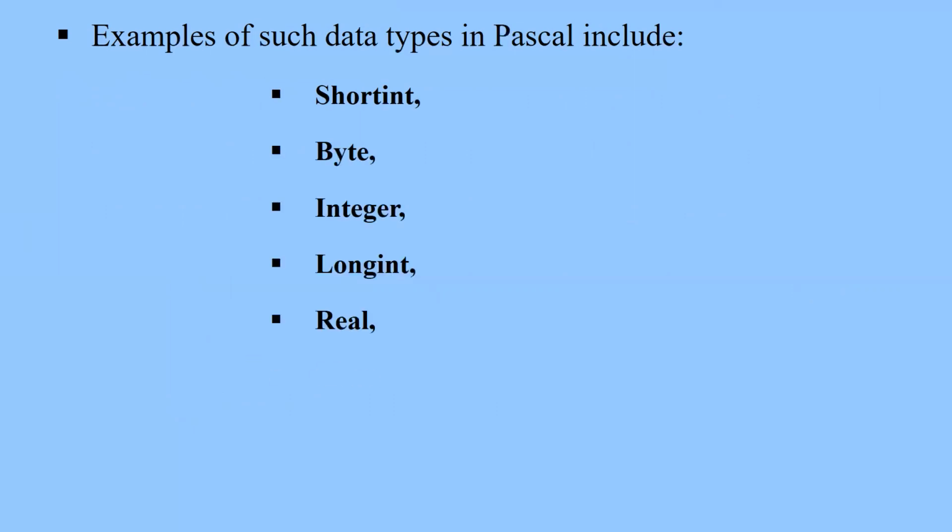Examples of such data types in Pascal include short int, byte, integer, long int, real, char for character, string, and boolean.